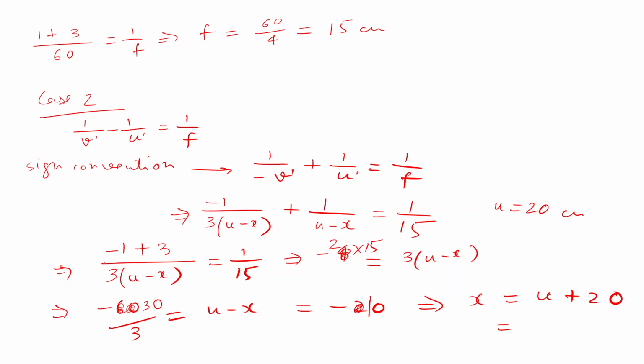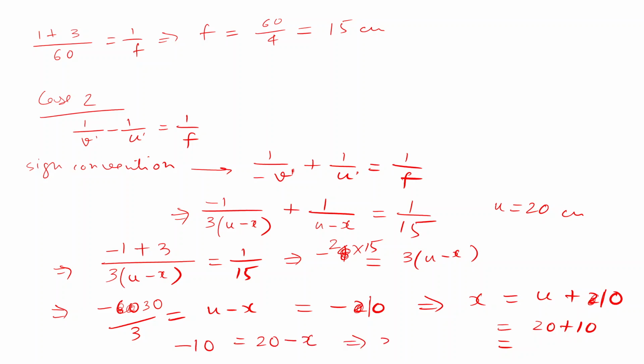That means x will be U plus 10. And U is 20. So 20 plus 10 will be, is this correct? U is x minus 10. X is U plus 10. Now is there any further mistake? This will be minus 30 divided by 3, U minus x, minus 10, 20 minus x.